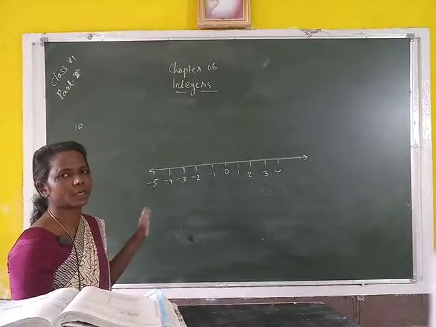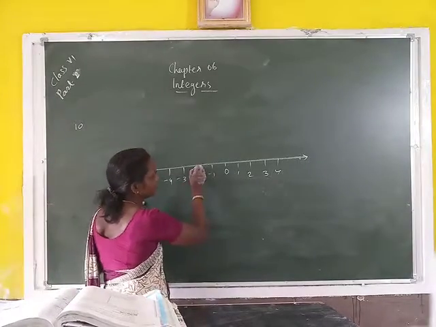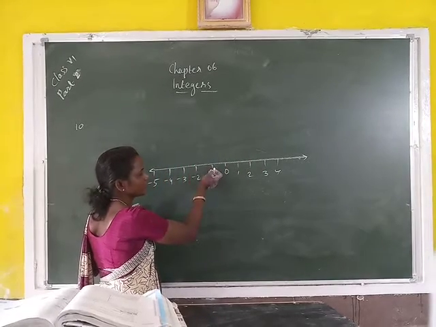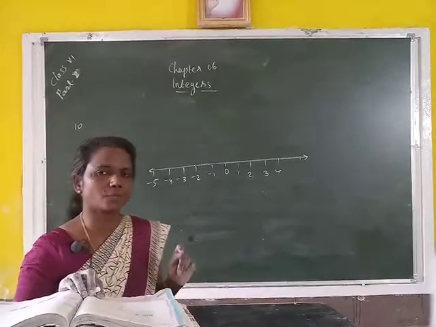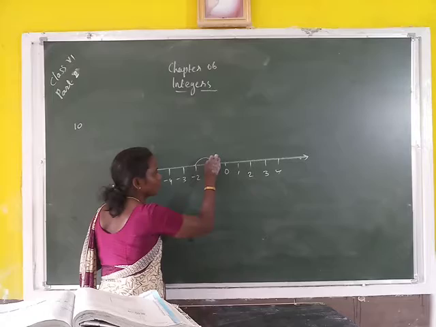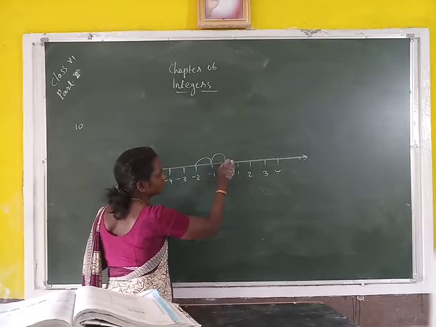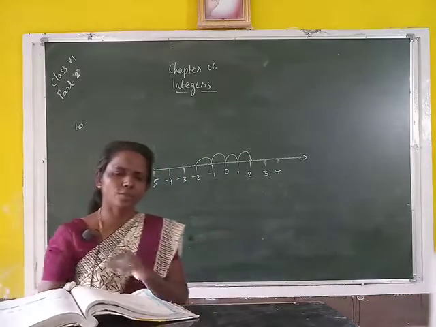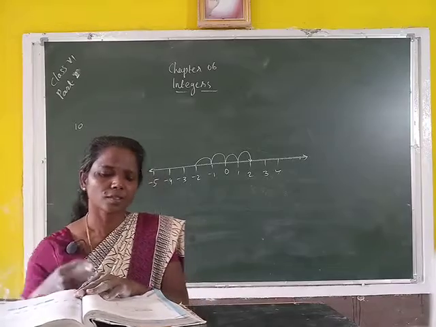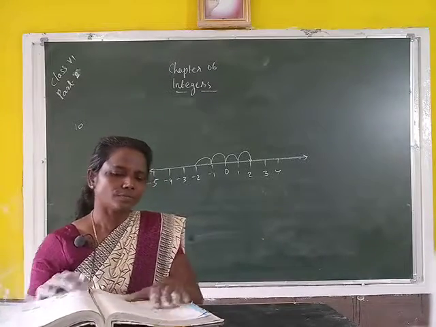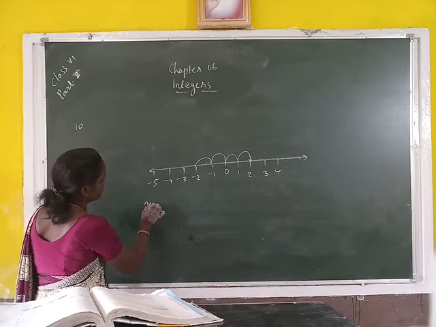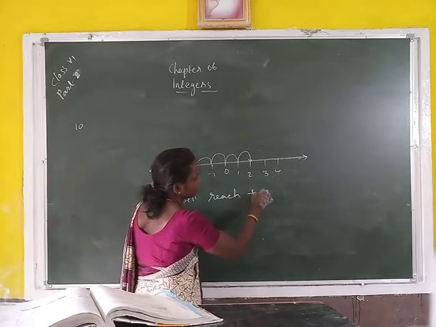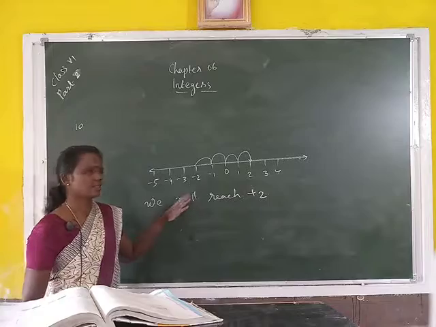Right means we go to this right side. 4 numbers: 1, 2, 3, 4. So which number will we reach? We will reach positive 2.